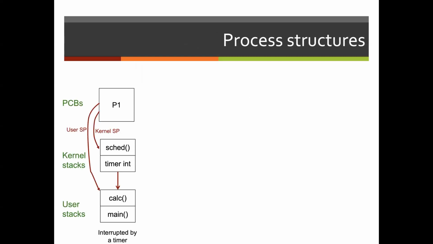And if we were to consider how these process structures would be represented in the system, we would have the PCB for each process, the kernel stacks that are utilized by the kernel stack pointer, and appropriate user stacks that are utilized with the user stack pointer.